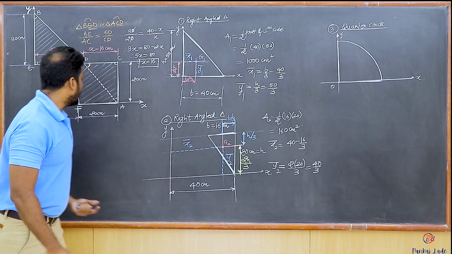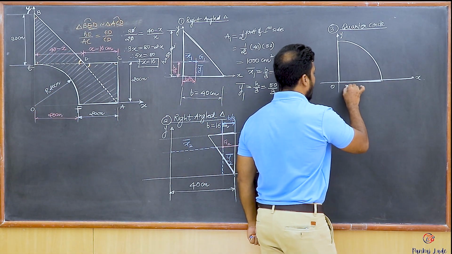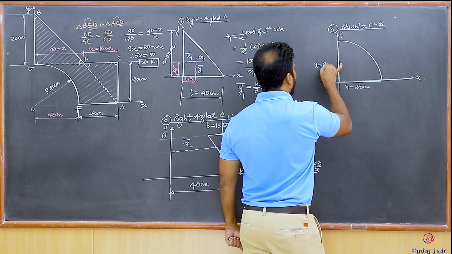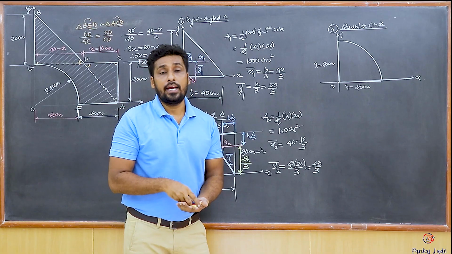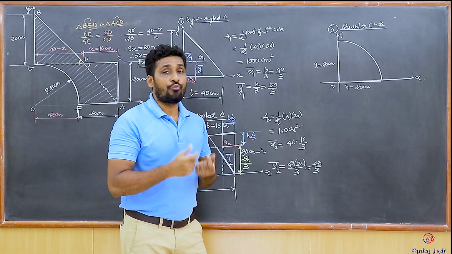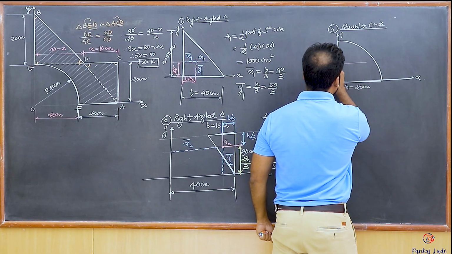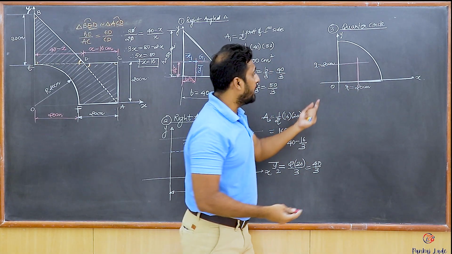Now, what is the radius given to us? The radius r is 20 centimeter here for the quarter circle. Where does the centroid for a quarter circle lie? It will lie at distance 4r upon 3 pi from the two radii, isn't it? So I take this distance here, 4r upon 3 pi, the distance of the centroid.